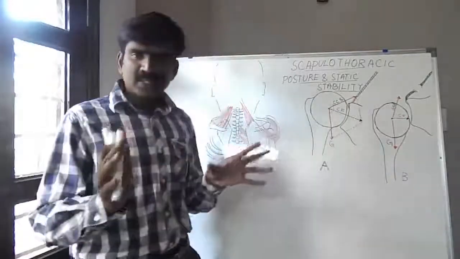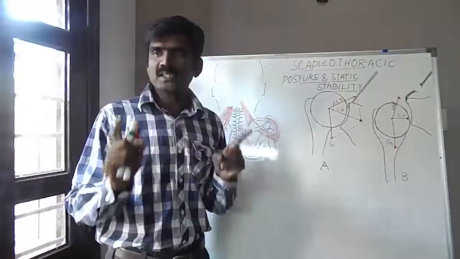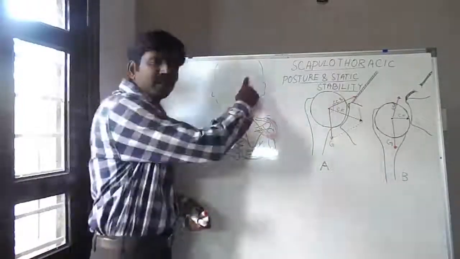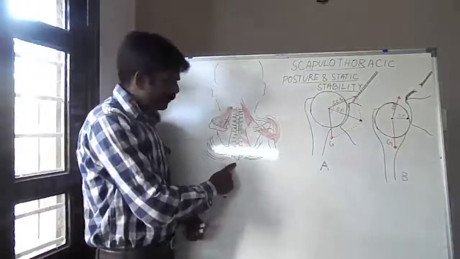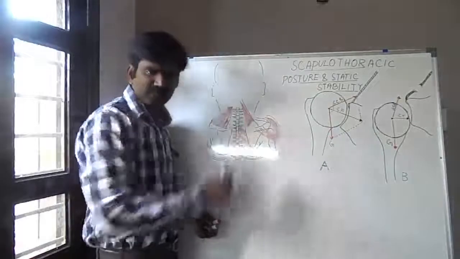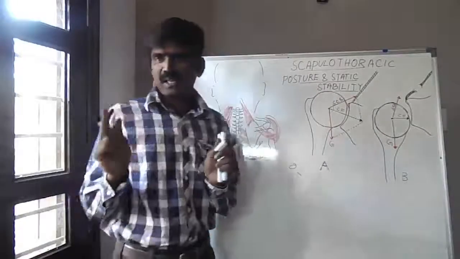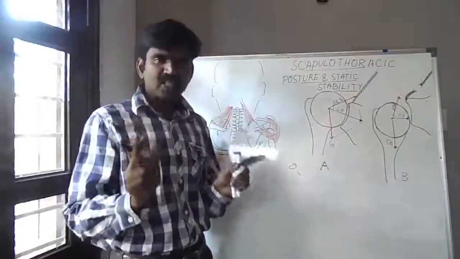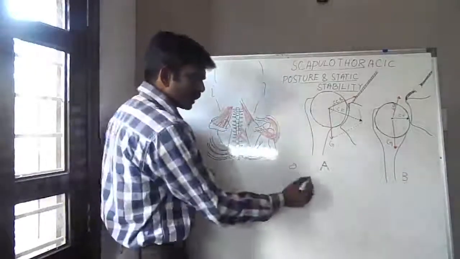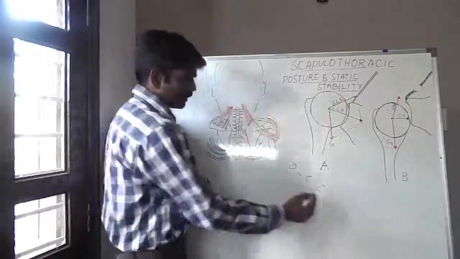The stabilizers are the muscles which get their origin from the cranium, the spine and the ribs.